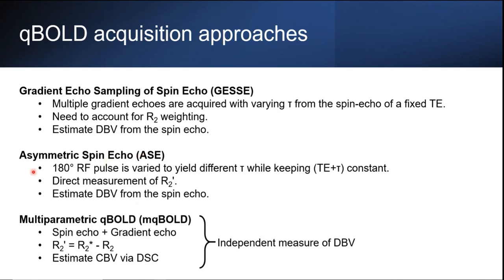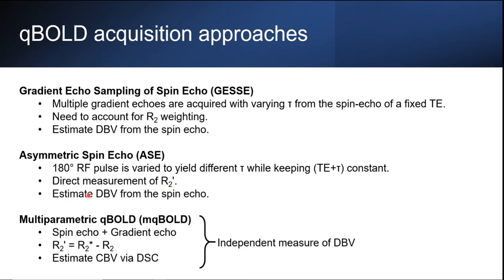But actually, in the last couple of years, Atlan's been doing a systematic review to better understand the landscape of quantitative BOLD in the literature. What's become very clear to us is that these two techniques, whilst they are, to me, intimately associated with quantitative BOLD, don't really dominate in terms of papers that are published. The most common technique to do these measurements is multiparametric qBOLD.